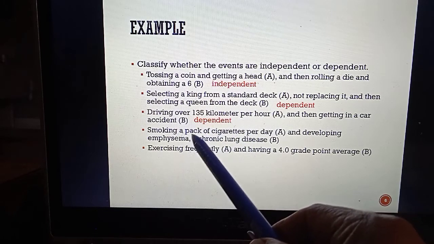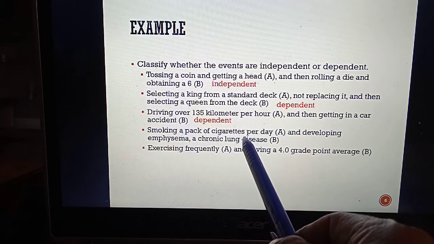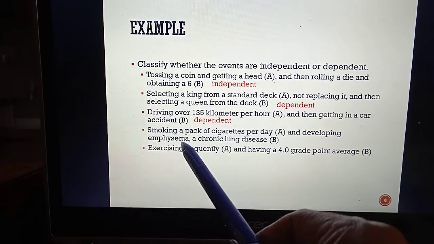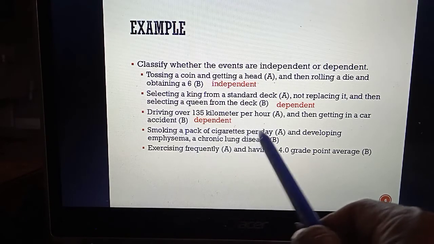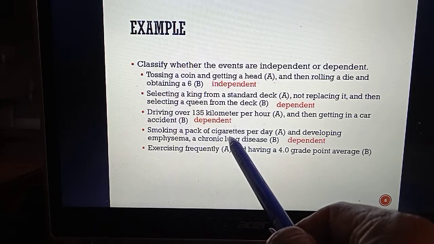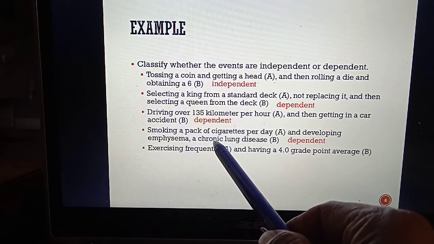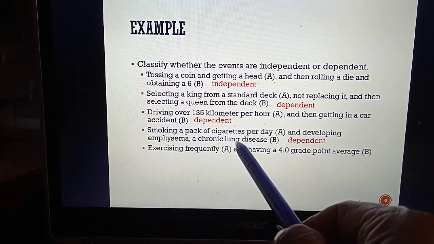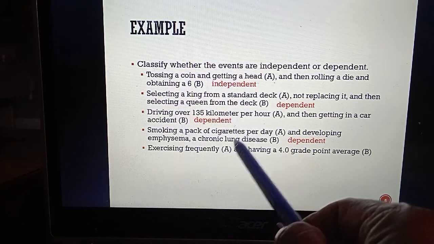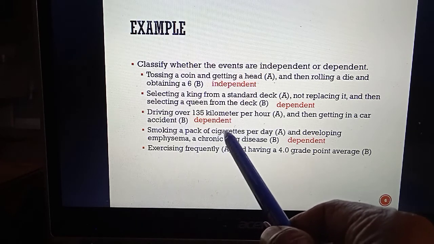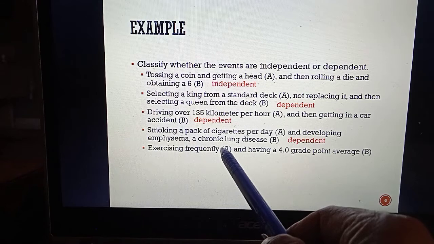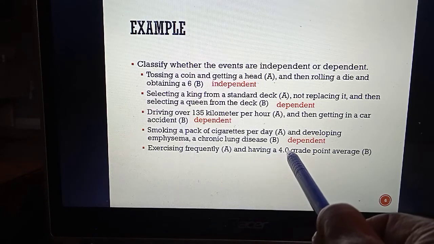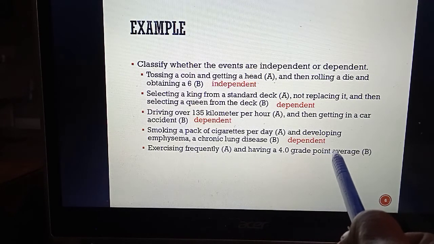Okay, next, smoking a pack of cigarettes per day and developing emphysema, which is a chronic lung disease. So this is dependent, because we know that a lung disease can be caused by smoking cigarettes. Okay, next, exercising frequently and having a 4.0 grade point average.